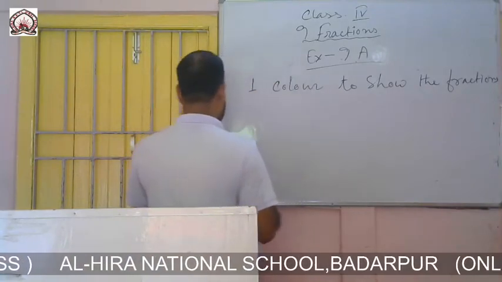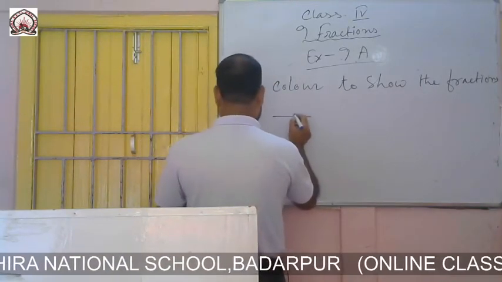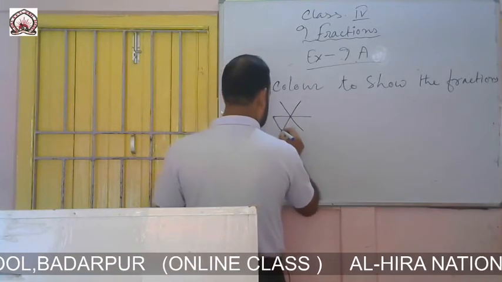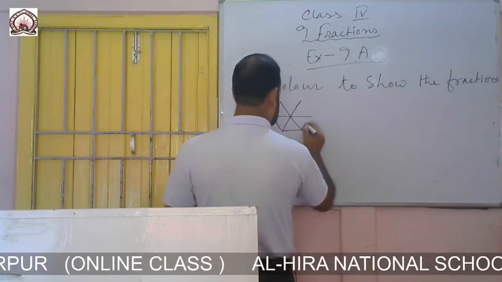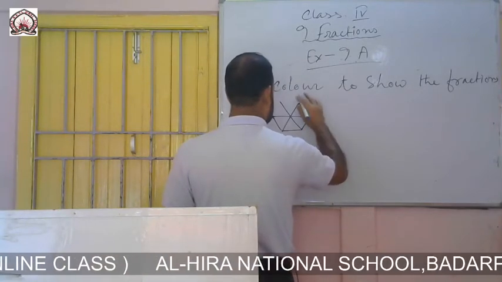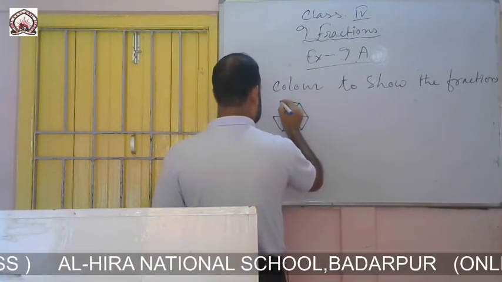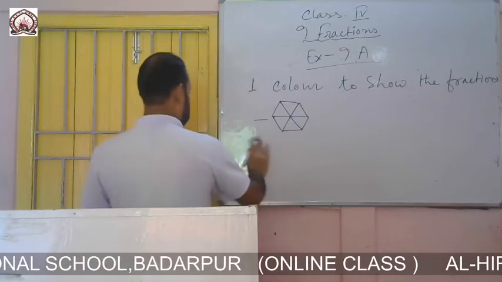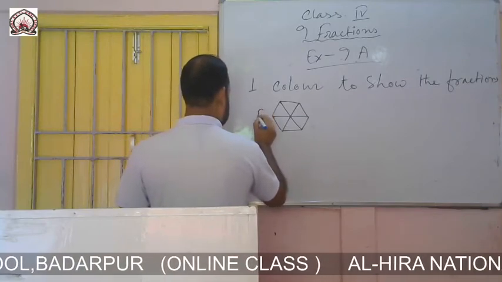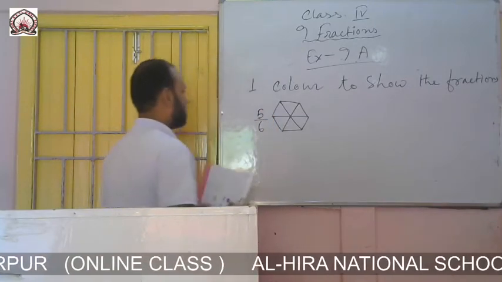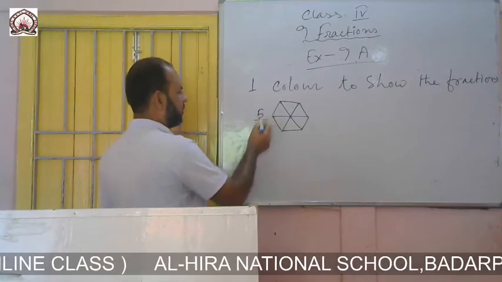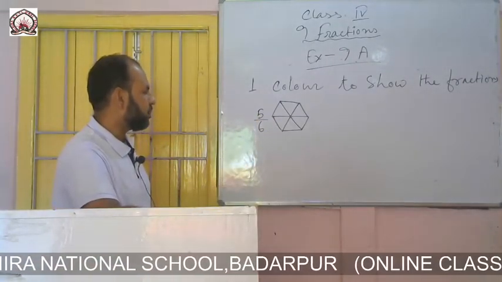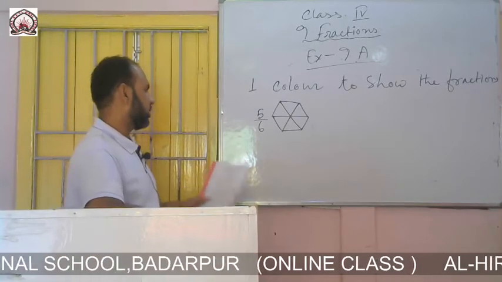So first diagram, the given fraction is 5 by 6. Here 5 by 6 means 5 parts out of 6 parts.